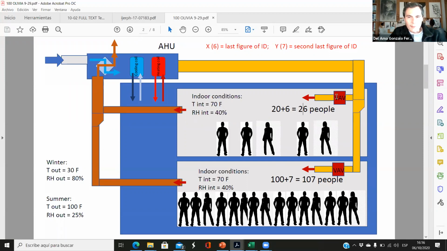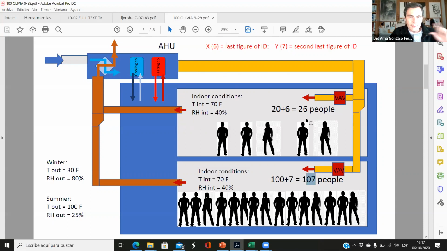Okay. But these are devices that control the flow. Here we have this flow because we have only 26 people, and here we have a different flow, and we have the same air handling unit connected to those two different rooms. So we need a device here because if we didn't have this device, there wouldn't be a way to control the amount of airflow that goes to this room or to that room.